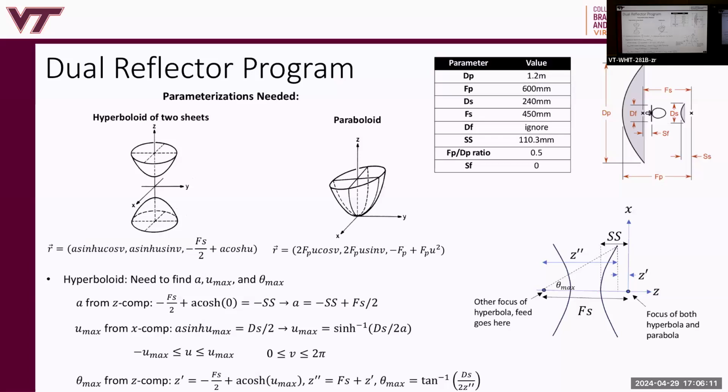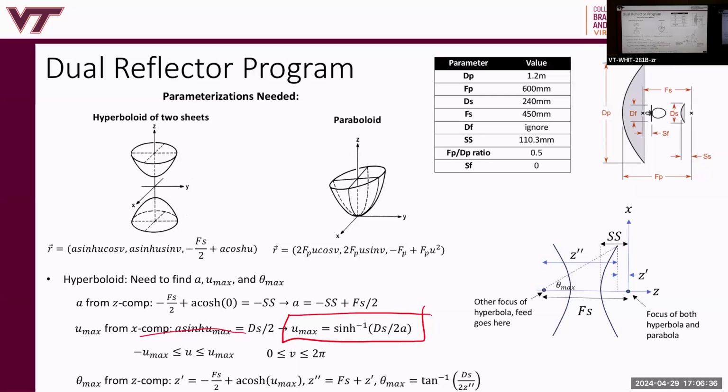Take the x component and set it equal to ds over 2, because when u is equal to just the right value, u max, the x coordinate should give you ds over 2. Now that you know A, you can solve for u max. u max is this value.